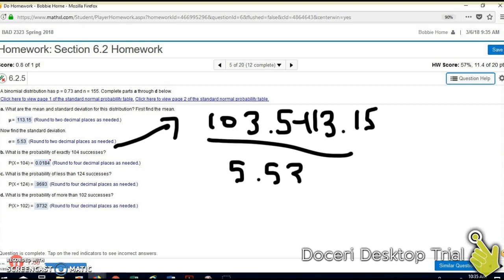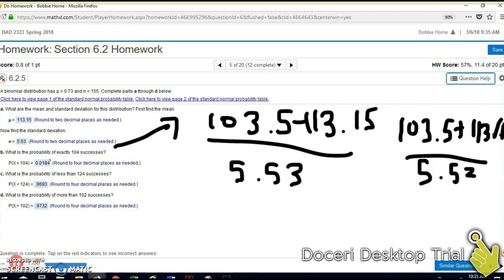So you're going to do this one, and then you're going to do 103.5 plus 113.15. Pretend that's 0.15 right there, divided by 5.53. So when you do those in your calculator, I believe you get negative 1.75 and negative 1.56. Hopefully that is right.